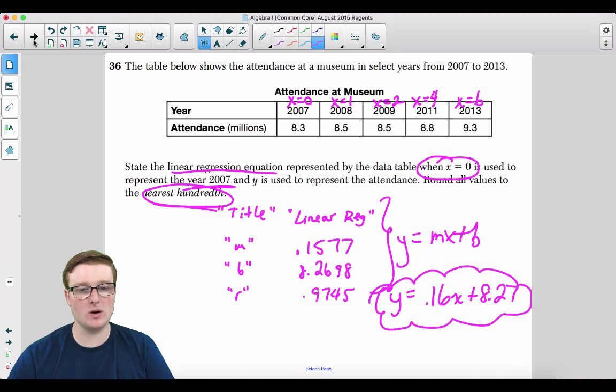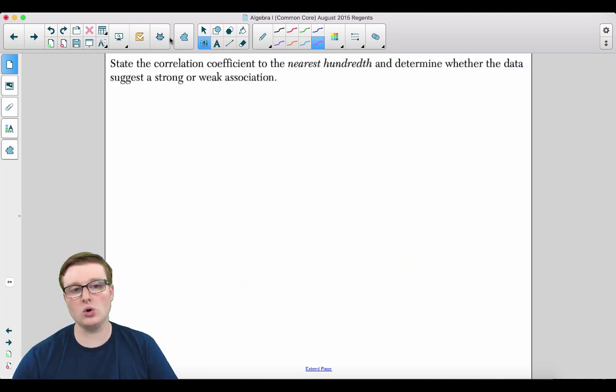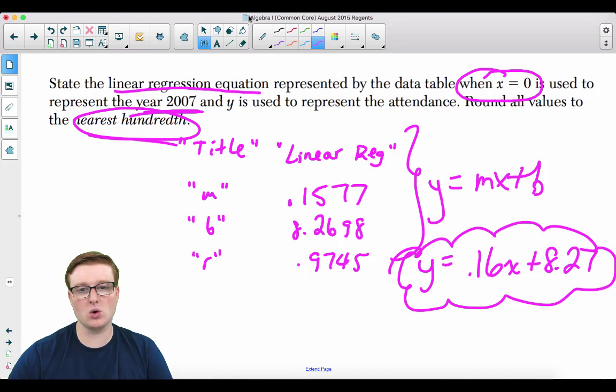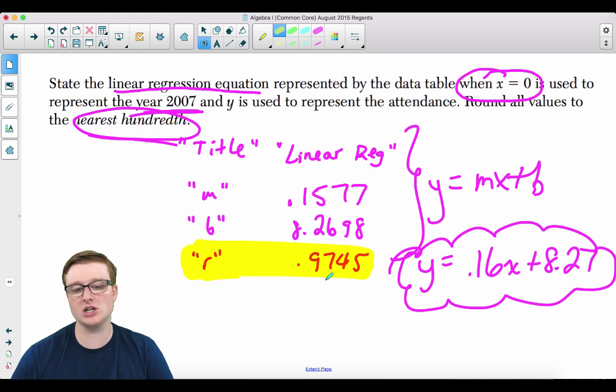Now, the follow-up question says, state the correlation coefficient to the nearest hundredth and determine whether the data is a strong or a weak association. Well, obviously the correlation is strong because the correlation coefficient is close to the number 1. It's 0.97.